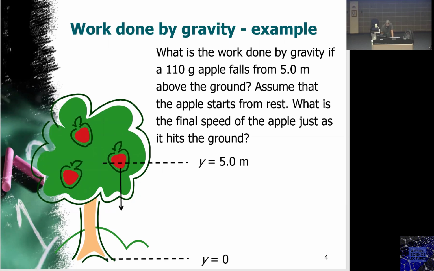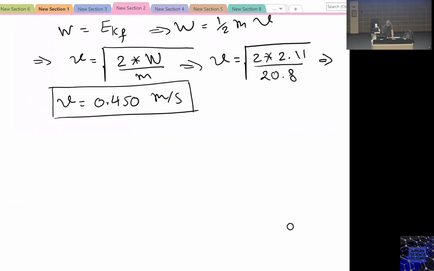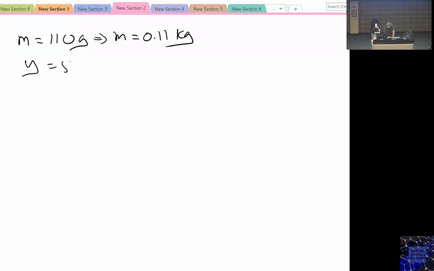Okay, so we have an apple, 110 grams, which means m is 0.11 kilograms. Above the ground, I'll take the ground as my reference.